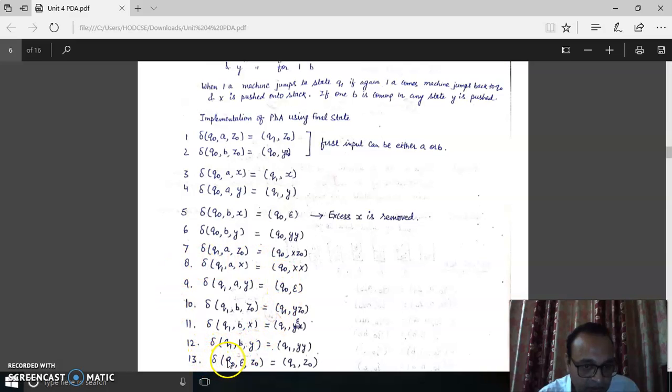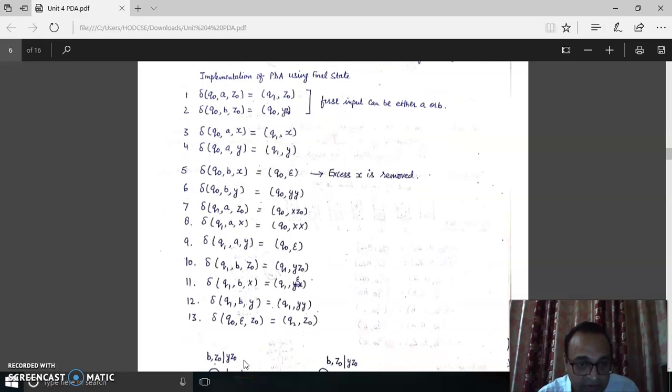Now suppose we are on the Q0 state and the input string has been exhausted. Please keep this in mind, it is very important that the string should be exhausted only on the Q0 state. The string cannot be exhausted on the Q1 state, because on Q1 there is some pending job, and that pending job is finished once you reach the Q0 state.